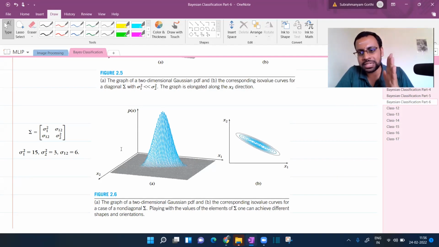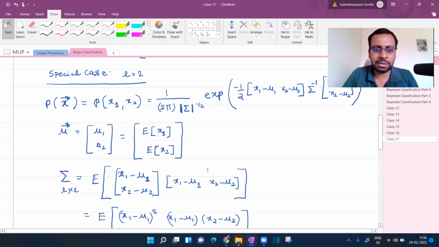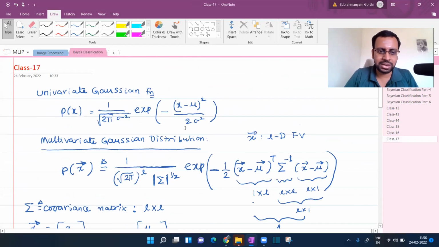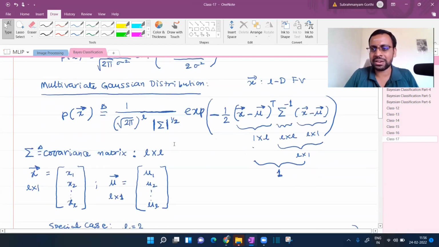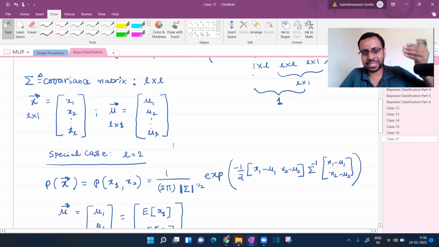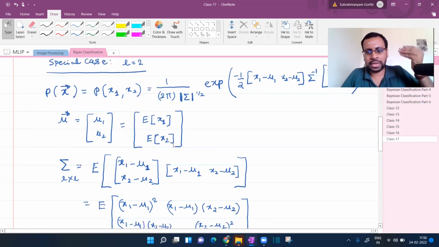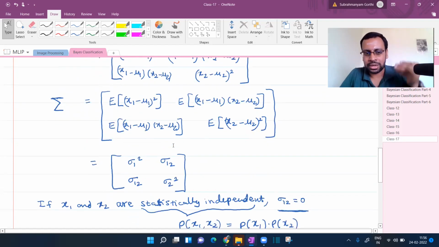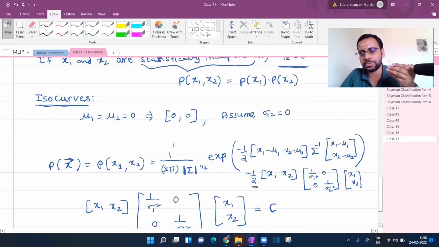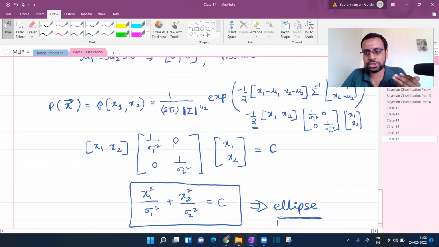We should get a fair understanding of writing those equations in L-dimensional space. So L-dimensional Gaussian functions I have to write. So that's what multivariate Gaussian functions are, and that preparatory work has been done here. To get a feel of them, we again came down to the case of a two-dimensional Gaussian distribution.